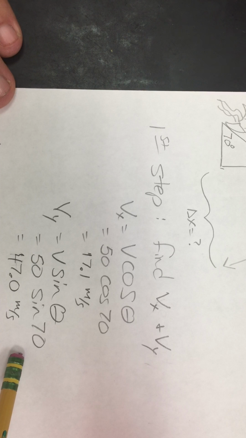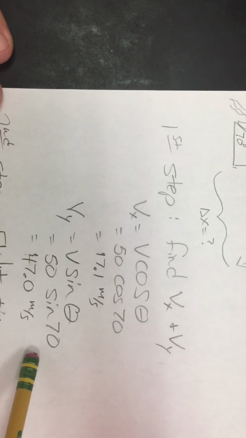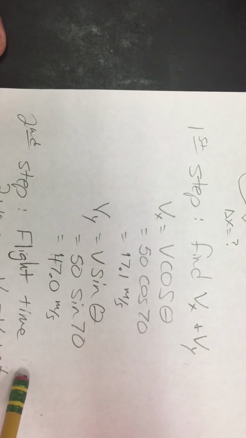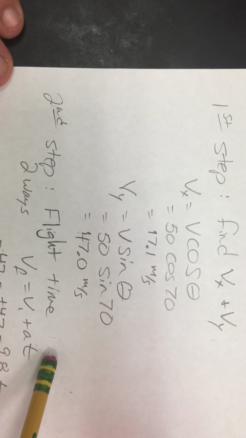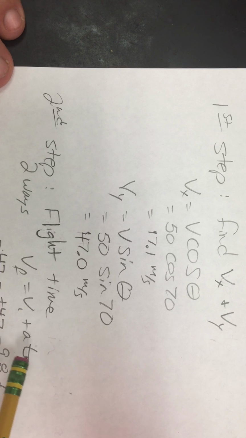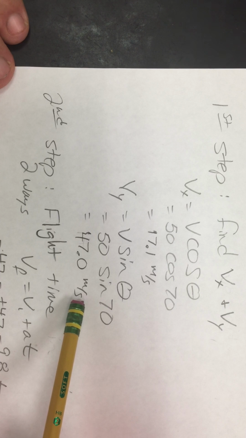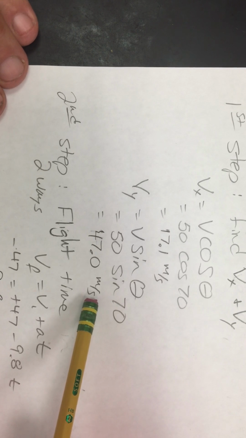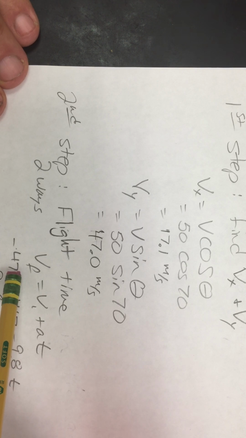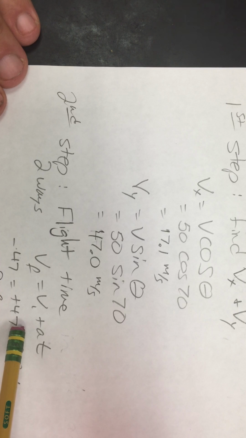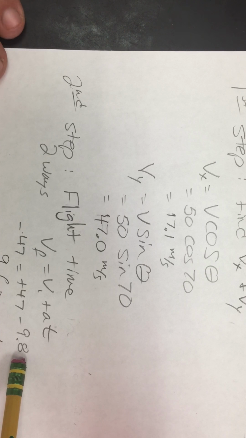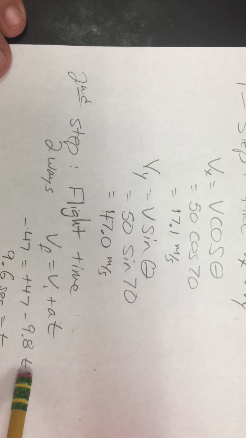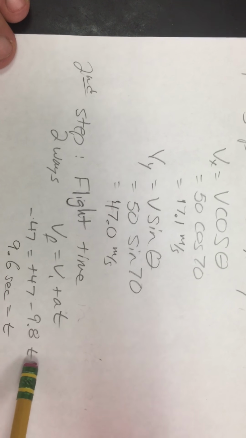That's the first step. The second step is to find the flight time. Using the Vf equals Vi plus At equation, again using only the y components at this time. The final y component is going down, negative 47. The initial y component is positive, going up 47, minus 9.8 for the acceleration, and time is what we're looking for.